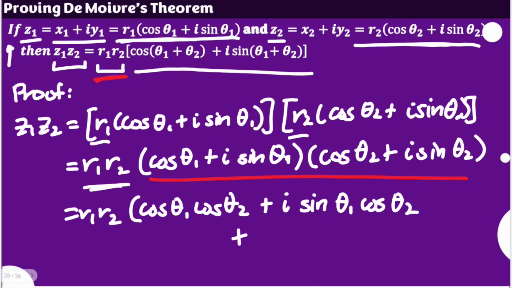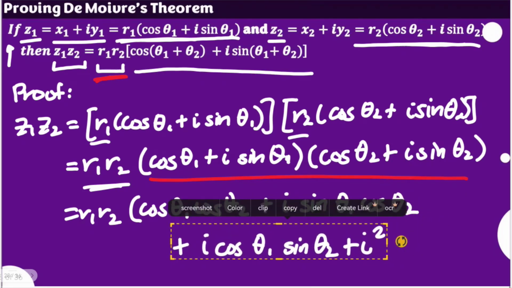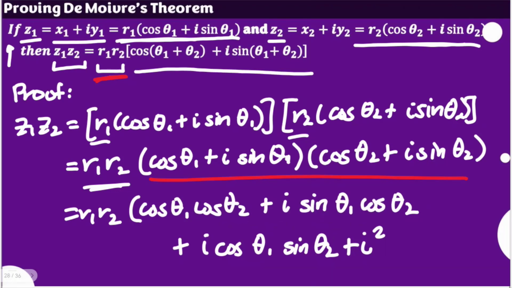So you will start with the i: we have i cosine theta sub 1 sine theta sub 2. And finally, for the last one here, you will have the form plus i squared times sine theta sub 1 sine theta sub 2. That's the FOIL method of the components.